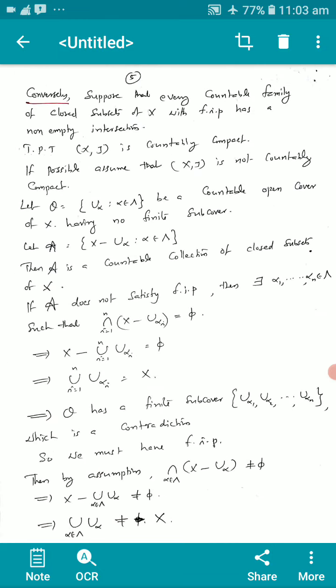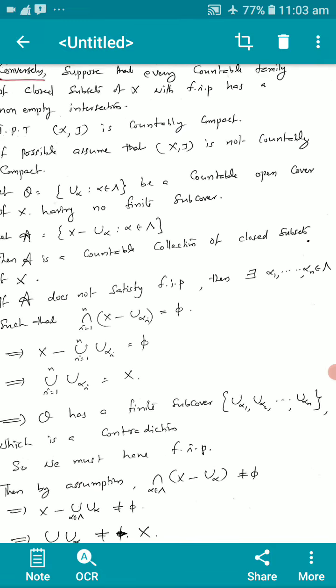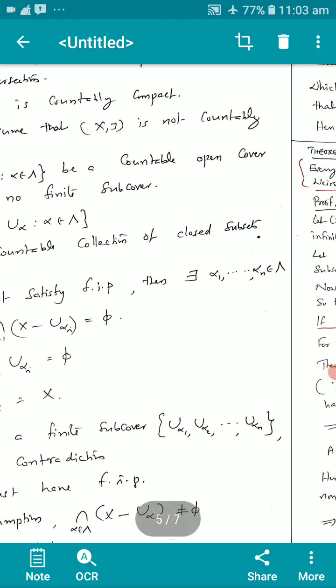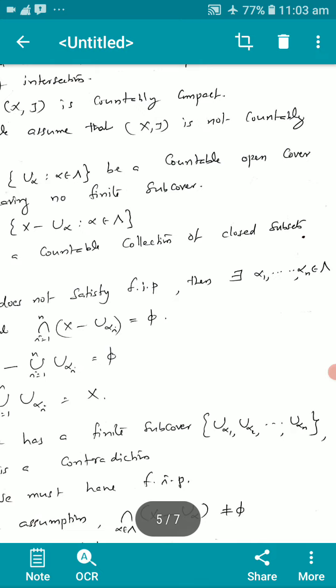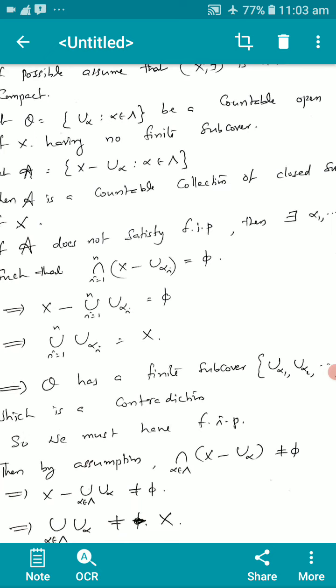Let the family A be equal to X minus U_alpha where alpha is in the index set. Then A is a countable collection of closed subsets of X. If A does not satisfy FIP, then there exist alpha_1, alpha_2, etc., alpha_n in the index set such that the intersection of X minus U_alpha_i, where i varies from 1 to n, is equal to phi.